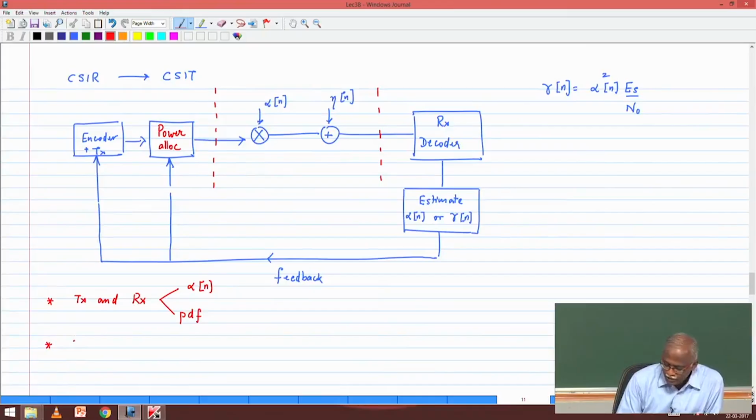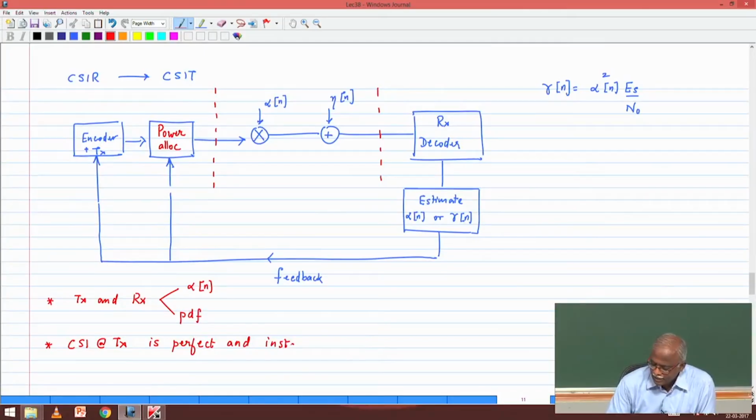And we also assume that the CSI at the transmitter, that is CSIT, is perfect. That means there is no error in estimation, there is no error in the feedback channel. It's perfect and it's instantaneous. That means the information that you have is valid for the time that you are doing the transmission.